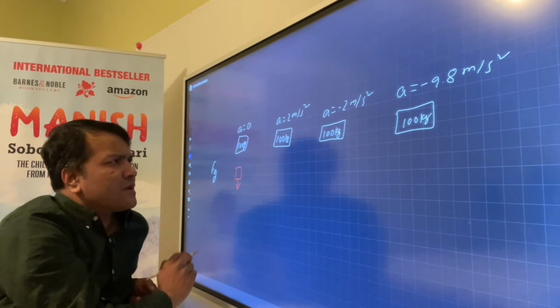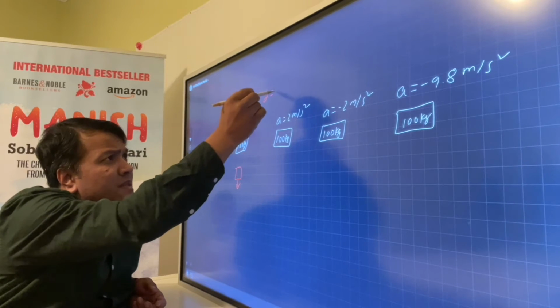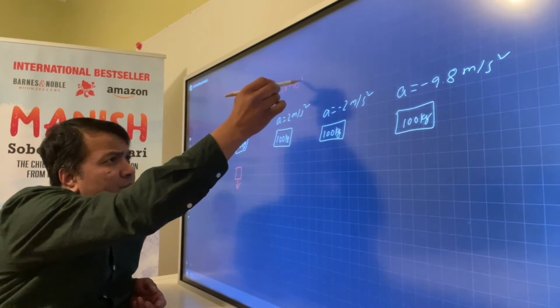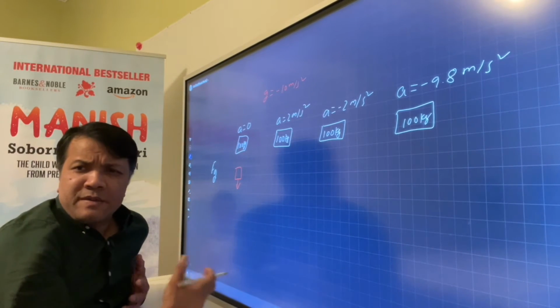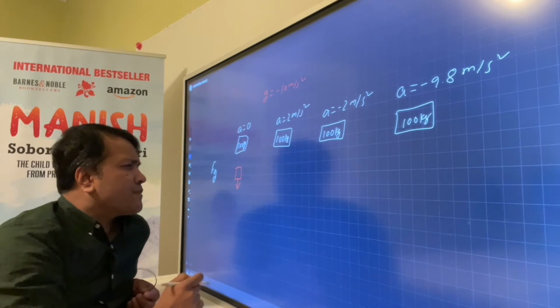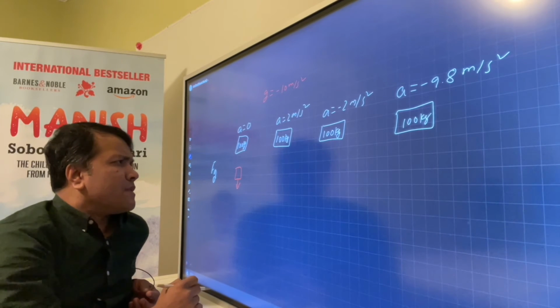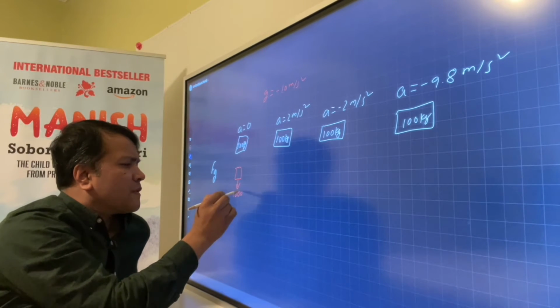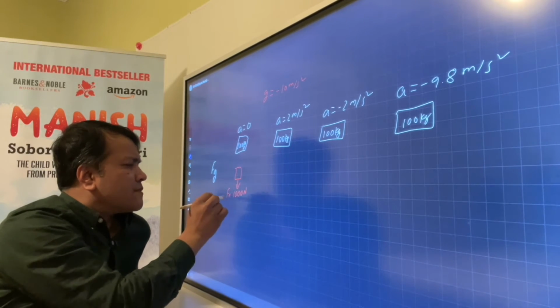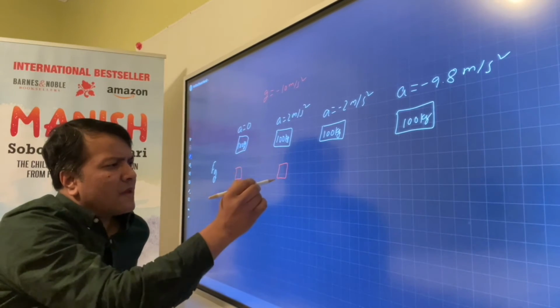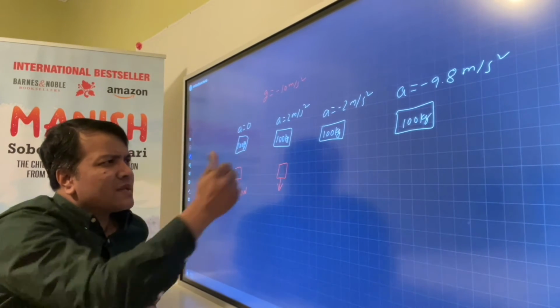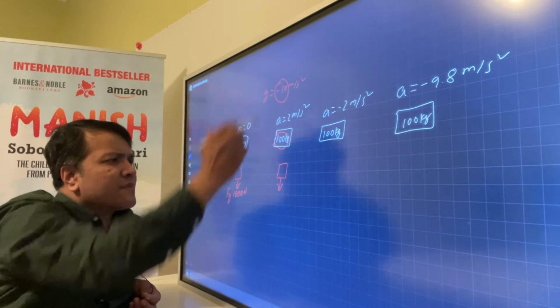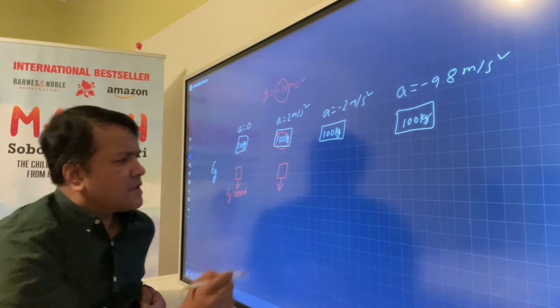So Fg, we're going to use acceleration due to gravity negative 10 meters per second squared, so that we don't have to use a calculator. So Fg is going to be 1000 Newtons. How is it 1000 Newtons? 100 kilograms times 10, 1000 Newtons.